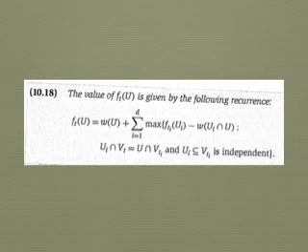The value of f_T(U) is given by the following recurrence. f_T(U) is equal to w(U) plus the summation of maxima chosen among all the possible f_Ti(U_i) minus the weight of U_i intersect U, such that U_i intersect Vt is equal to U intersect V_ti, and U_i, which is a subset of V_ti, is independent. After we take the maxima, we do the summation, summing for index i from 1 to d.